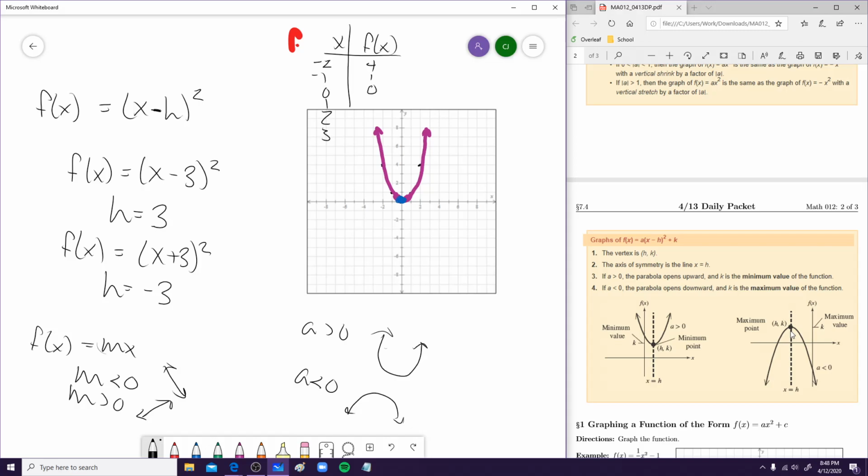If you notice, 2 and -2 spit out the same y value.